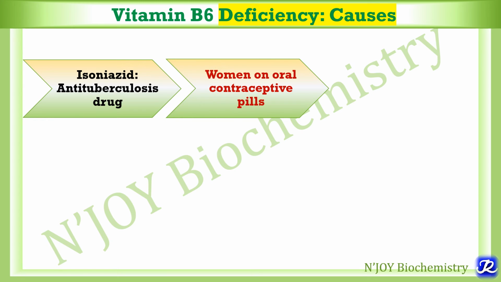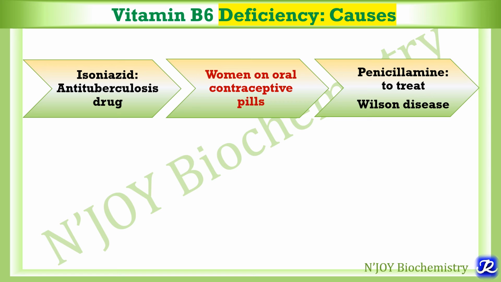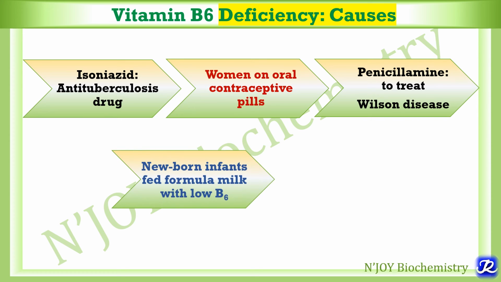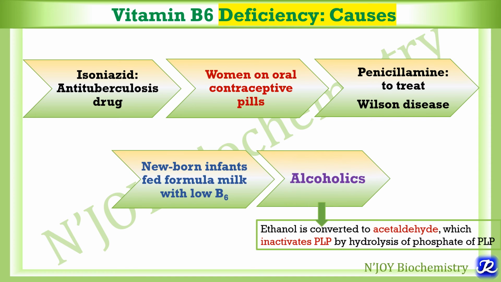Then women who are on oral contraceptive pills can also develop vitamin B6 deficiency. Penicillamine, which is used to treat Wilson disease, can lead to vitamin B6 deficiency. Newborn infants who are fed formula milk with low vitamin B6 level can also develop vitamin B6 deficiency. And it is prevalent in alcoholics as well.